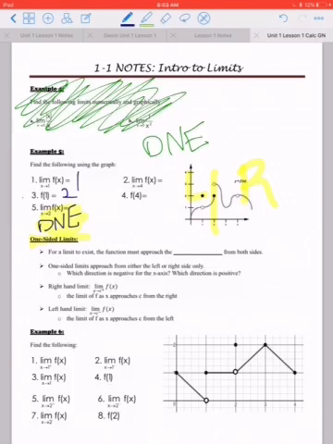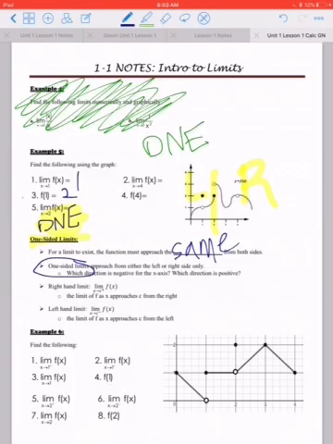So for a limit to exist, the function must approach the same value from both sides. However, that doesn't always happen. When you would normally get does not exist, we're going to look at one-sided limits to see their value, either from the left or the right side.